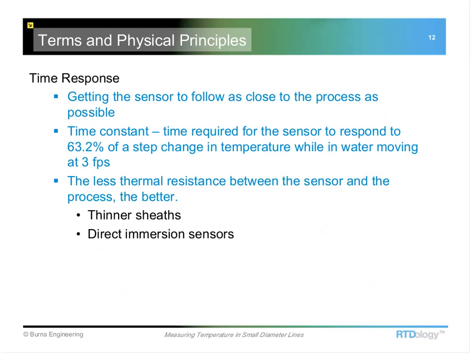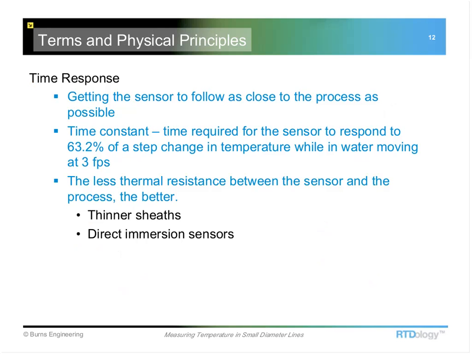One of the other important things to be aware of is the time response of the sensor as it's installed in the process. If we have a process that's changing temperature rapidly and our sensor can't keep up with that, that can introduce a very large error into your measurement or into your process loop.